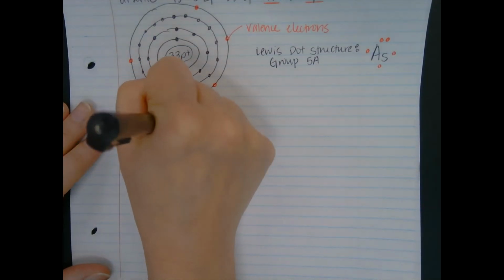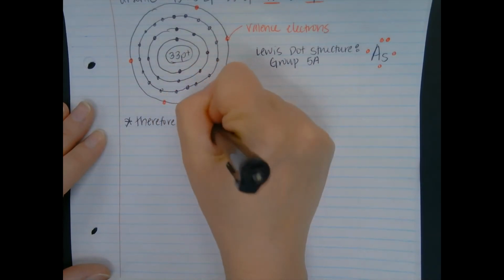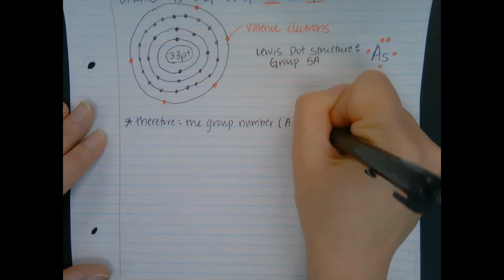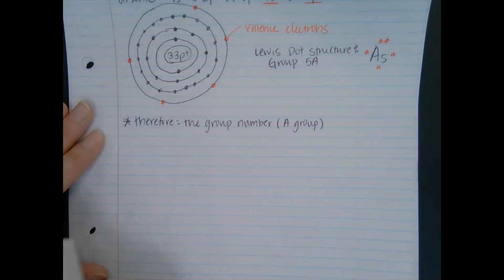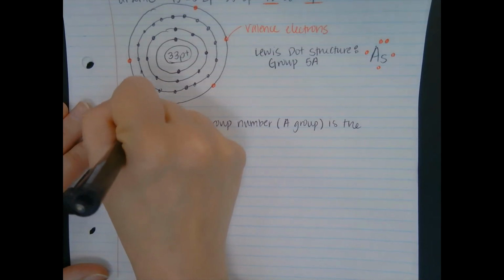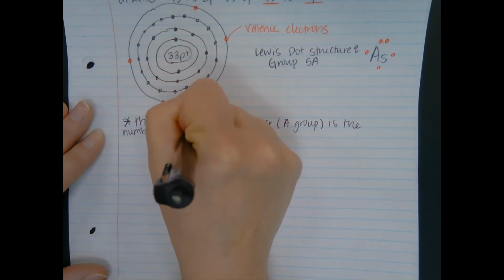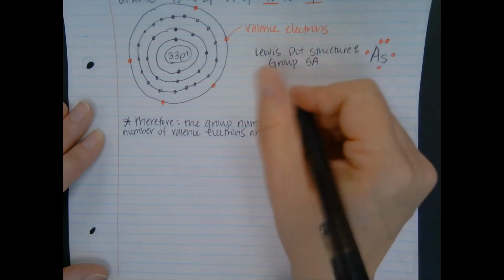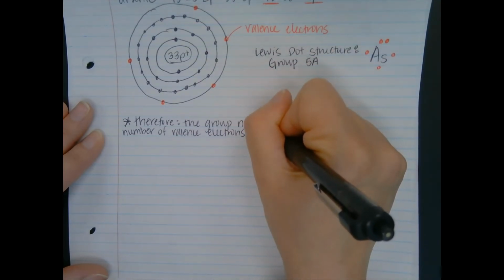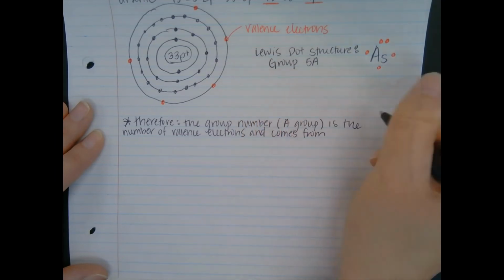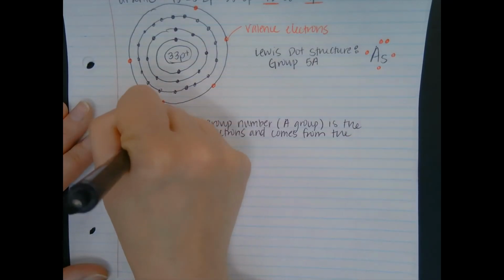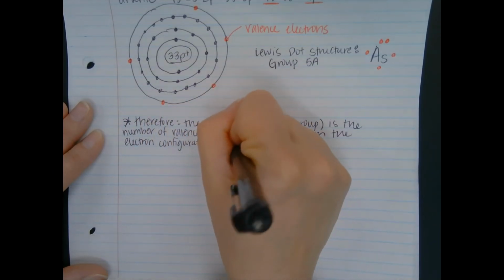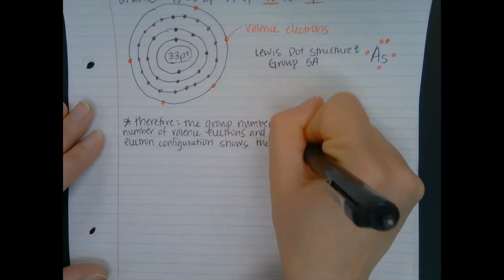Therefore, the group number, and remember, we're talking about the A group, meaning our representative elements, is the number of valence electrons, and the reason why it works comes from the electron configuration that shows that outermost shell or energy level.